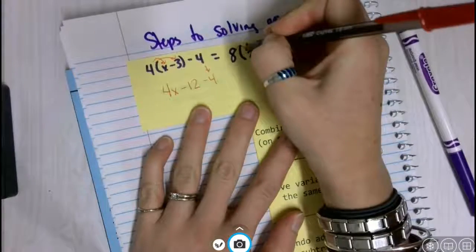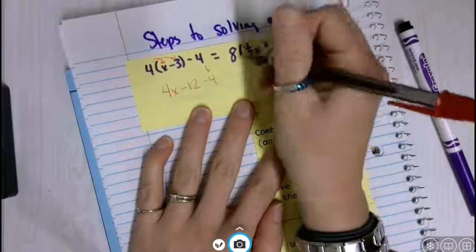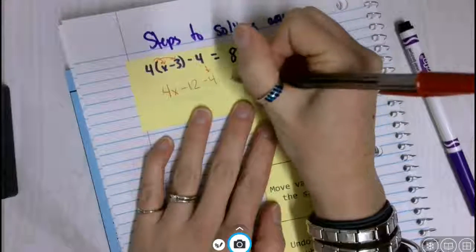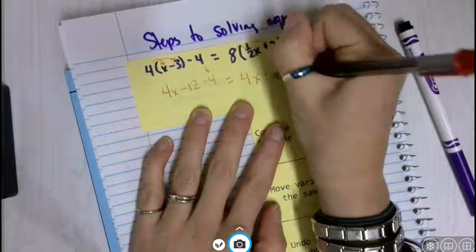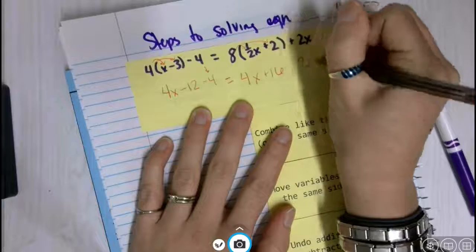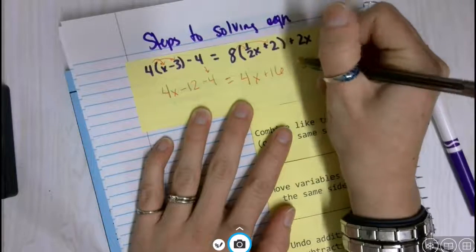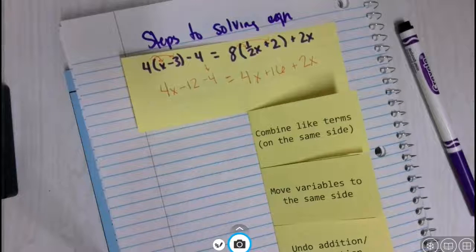And I see I also have the distributive property on the right side as well. So 8 times 1/2 x gives me 4x. 8 times 2 is 16. And I have that 2x. Okay. So that's the first step. I've gone ahead and I've gotten rid of my parentheses by using the distributive property.